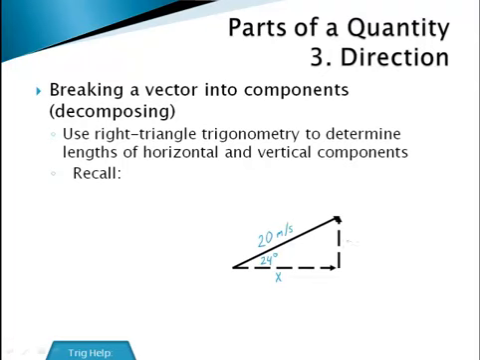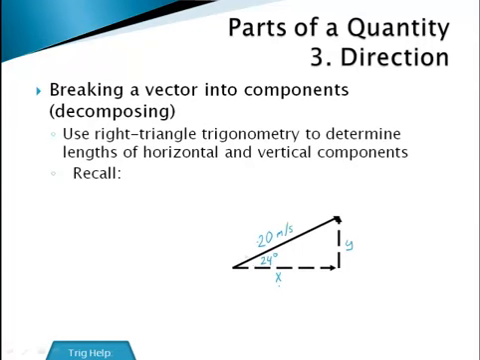Let's call this x and y for now, and solve this using the triangle trig. If we look at the x value, the x and the 20, which is what I know, this is the adjacent side to the angle, 24, and 20 is the hypotenuse of this right triangle.